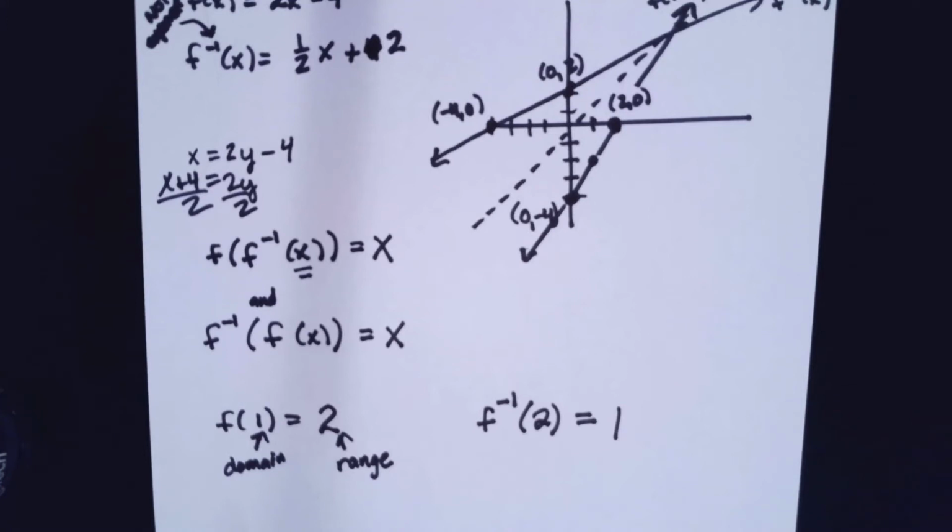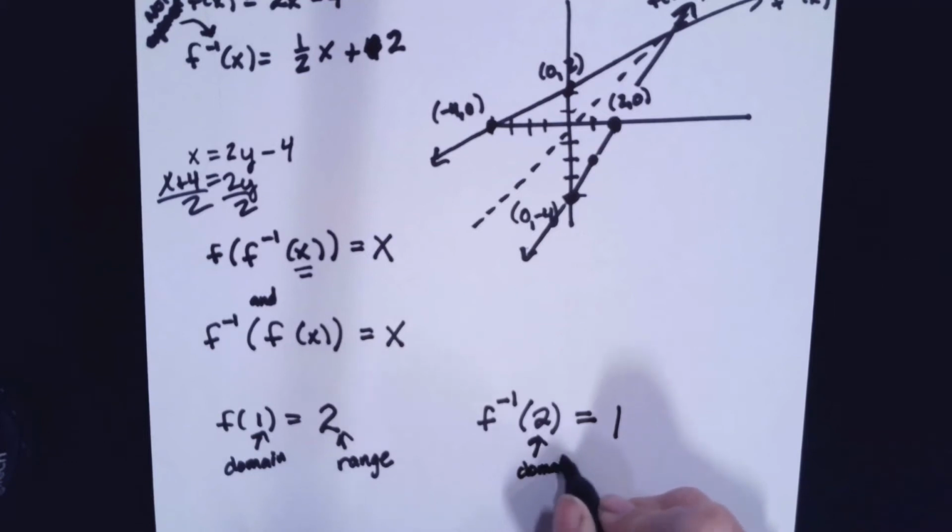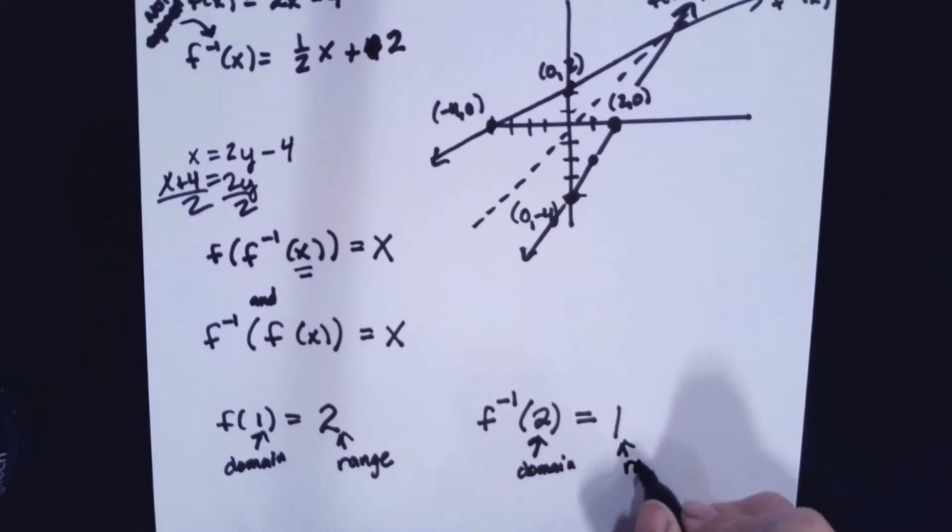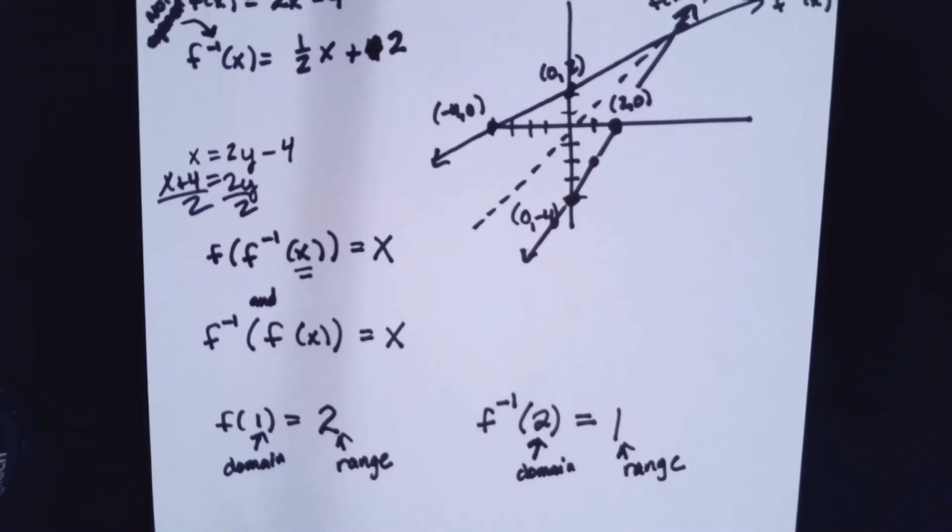That would give us the value 1. This is now our domain, and this is our range. Remember, it's sort of we switch the x and the y values, and we switch the domain and the range.